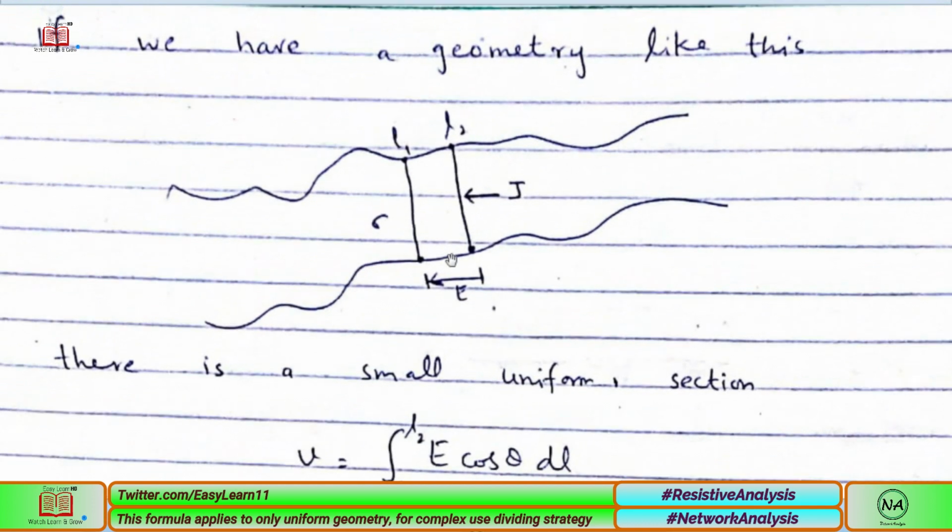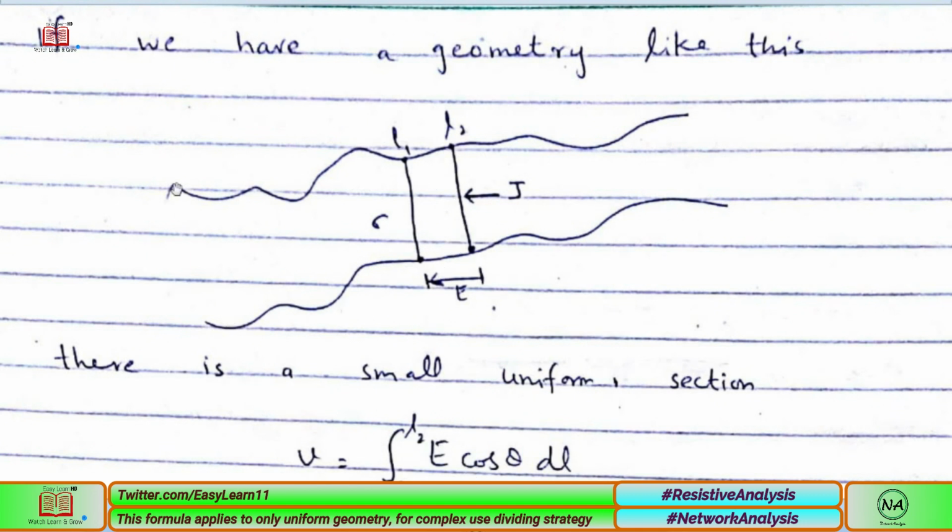It is valid there because from this point to this point it is approximately constant with a uniform area. If this section belongs to a uniform area, it means that from L1 to L2 the electric field in this region is constant, and this formula can be used for this section.